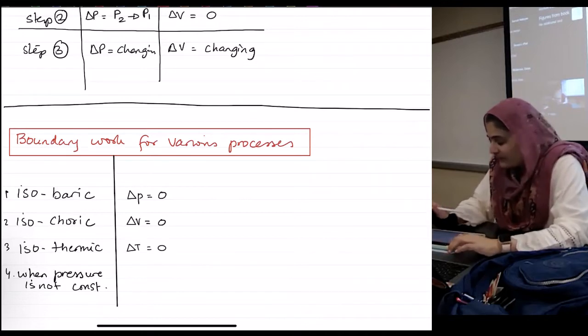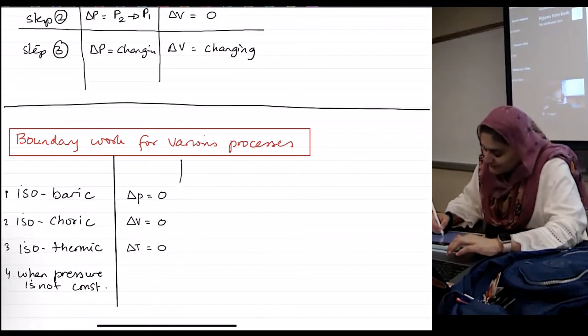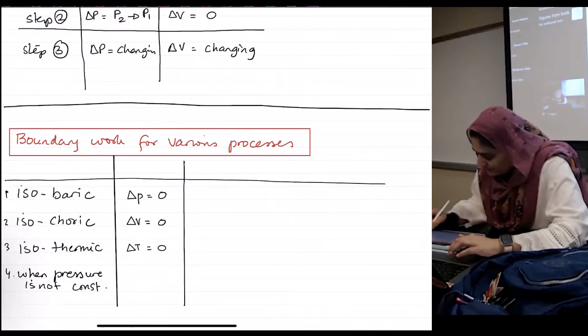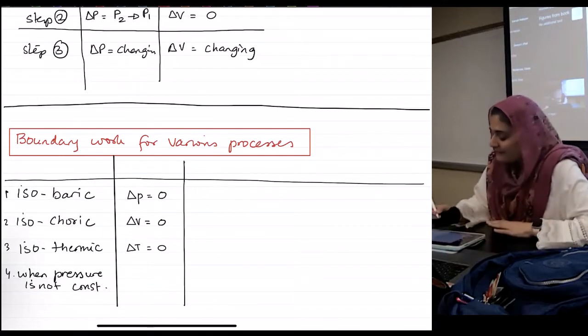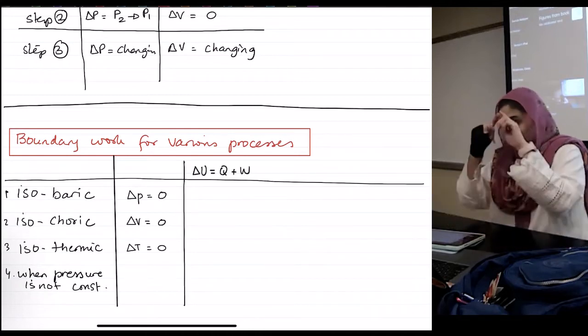And I can't quite explain that. Okay, so let's discuss. What do I know about delta P equals 0? Okay, if I write my first law, what will it look like?